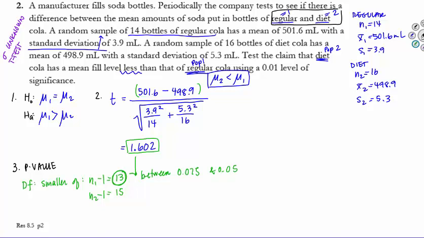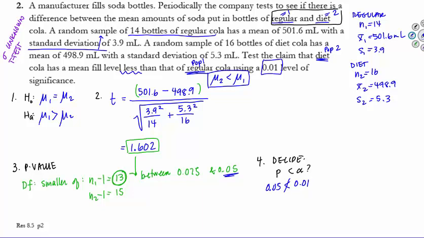That's sufficient for us to make the conclusion. Getting the range there, the question is whether p is less than alpha. Well, alpha was 0.01, and the p-value we got is bigger than 0.05 but less than 0.075. So it's not even that small, it's not less than 0.01.